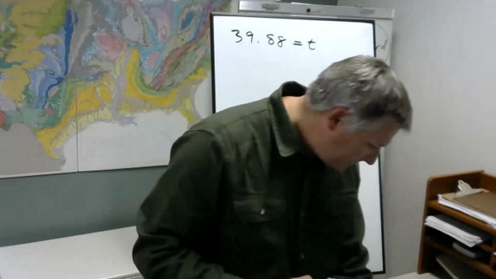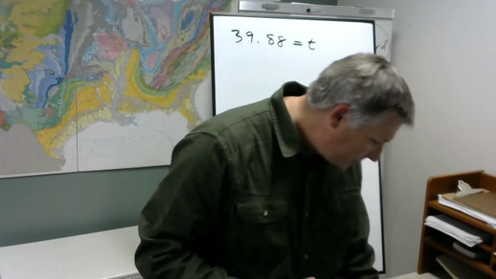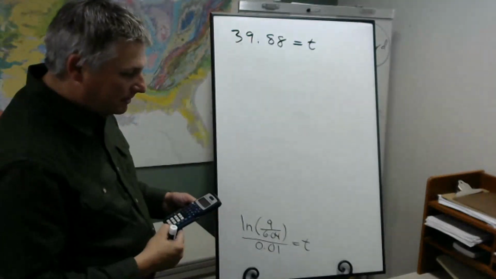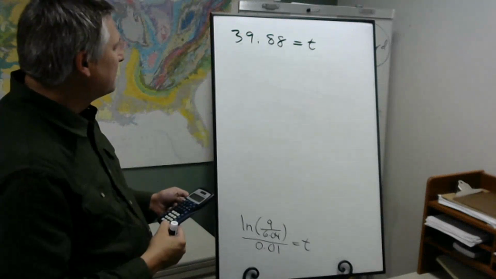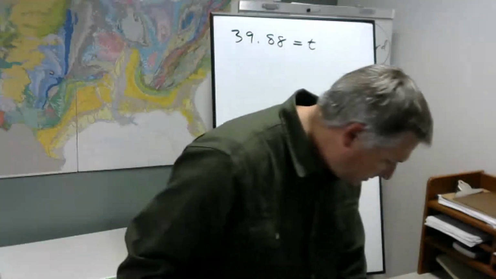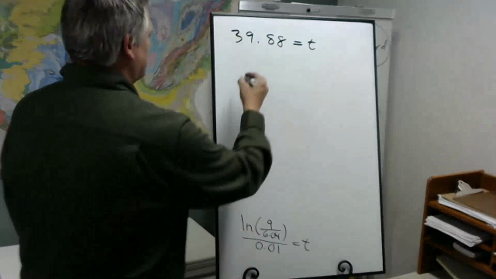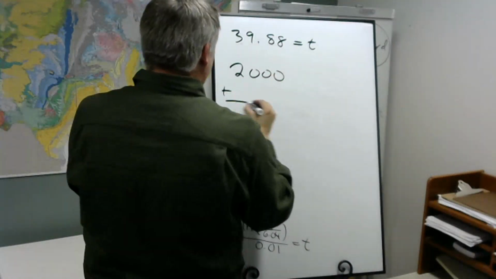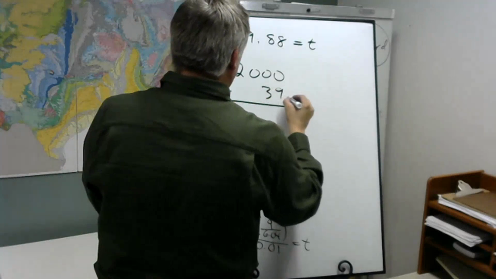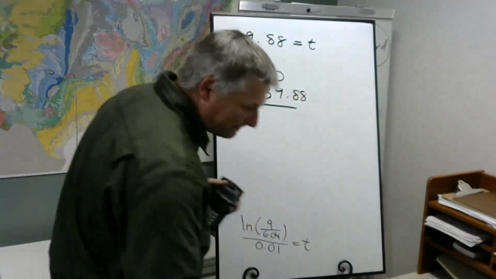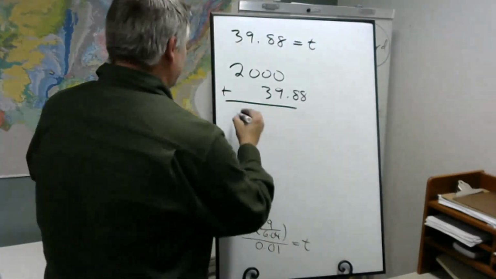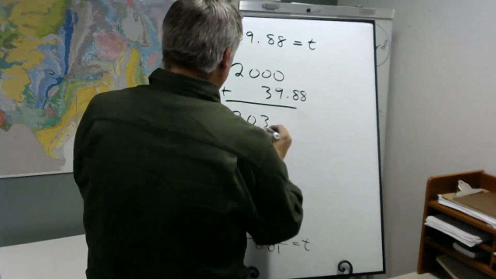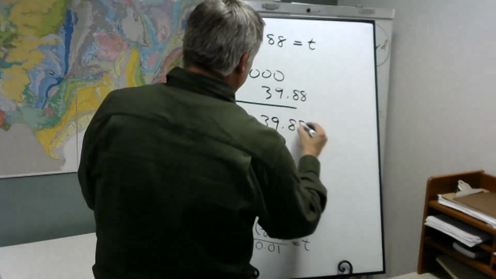In this problem, in which year will Israel's population be 9 million? Well, if we take 2000, we add our 39.88, what we'll get is 2039.88.